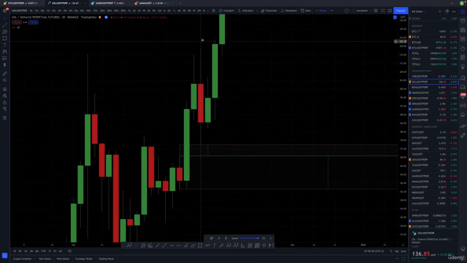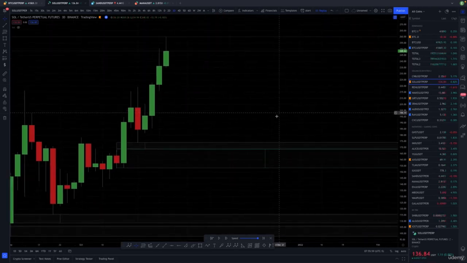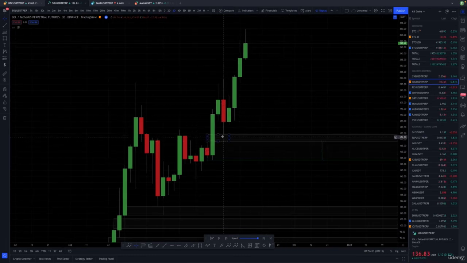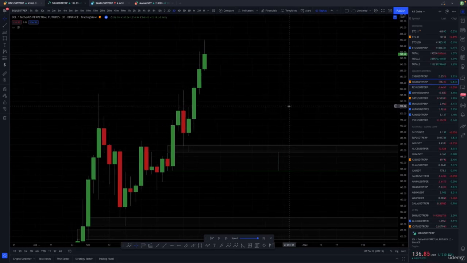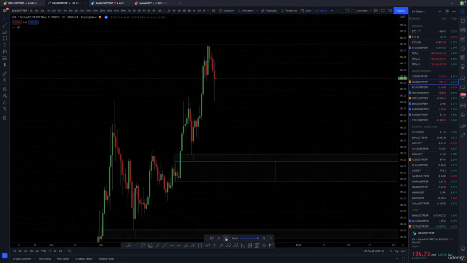The price broke the structure after leaving this area, and this is the last down candle before the strong push towards the upside. So we expect that the price should come down, not only filling the imbalance, but also taking impact from this red candle, so that we can take a trade and do a scalp or maybe a swing trade. So let's see how the price moves.